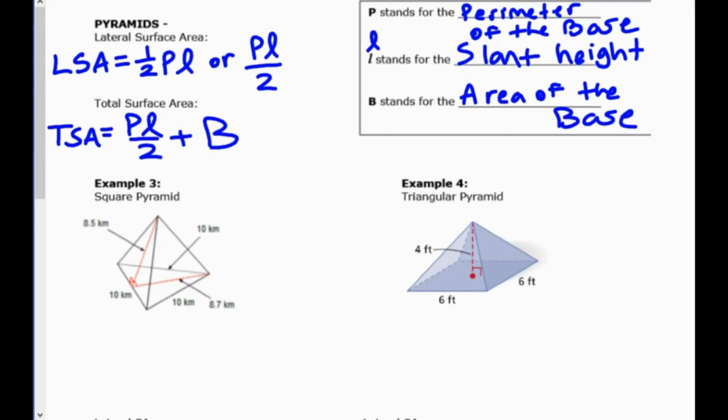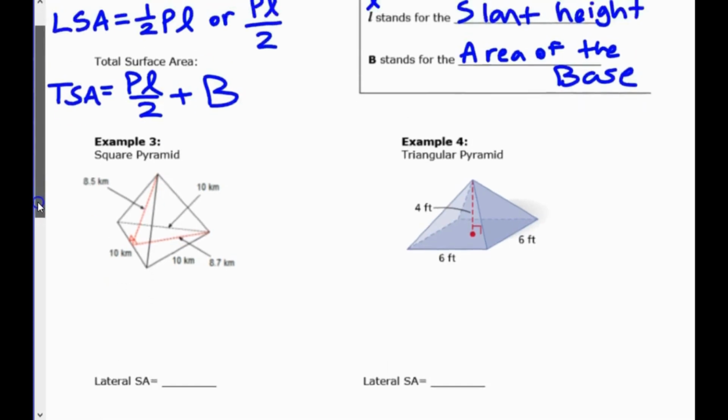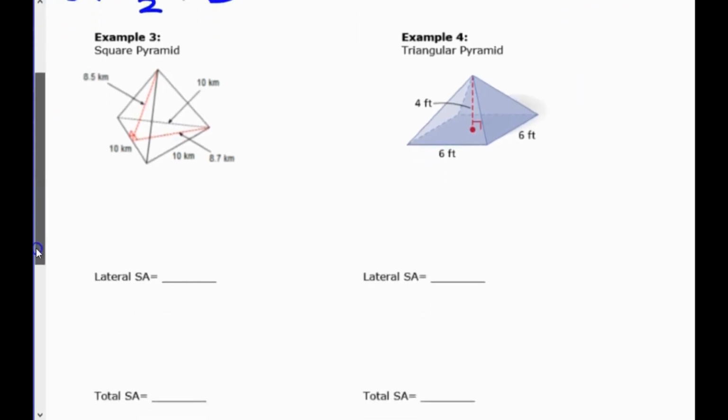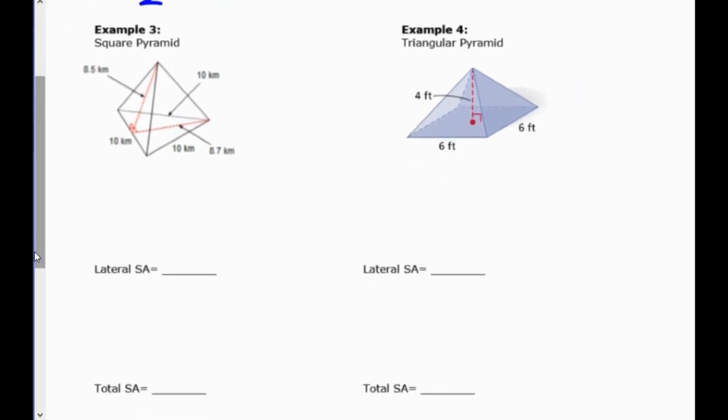So let's try an example here. We'll try one without Pythagorean theorem, but we do got to try one with, because you might run into that. All right, I'll rewrite the formulas down here. Sorry, I switched the pictures and I didn't switch the titles.